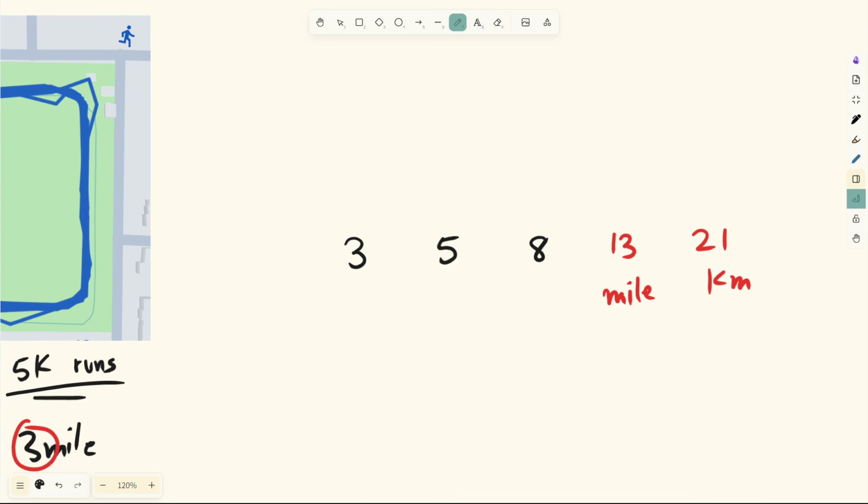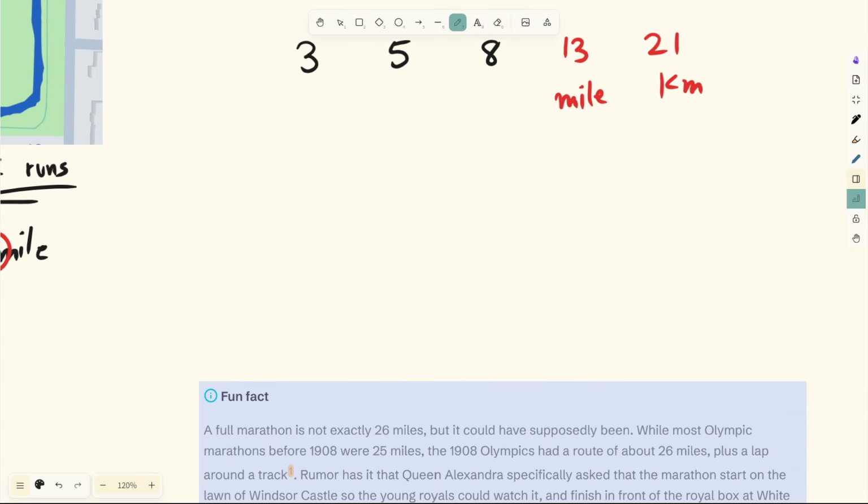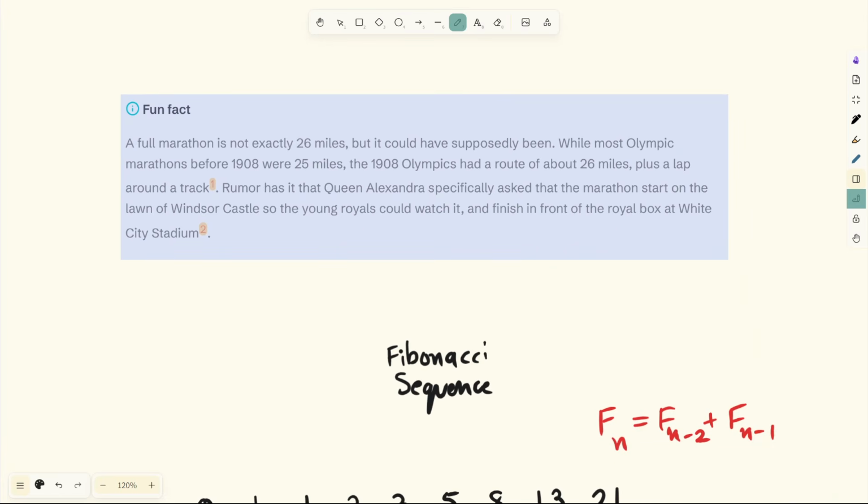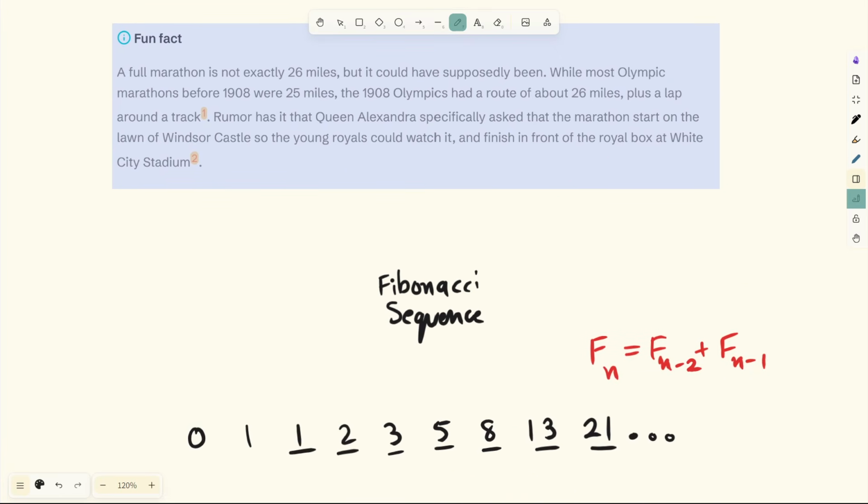Now, you might already recognize this, and it turns out that 3, 5, 8, 13, 21 are members of the famous Fibonacci sequence. So it's a number sequence where you get a certain term by what is called a recursive relation.